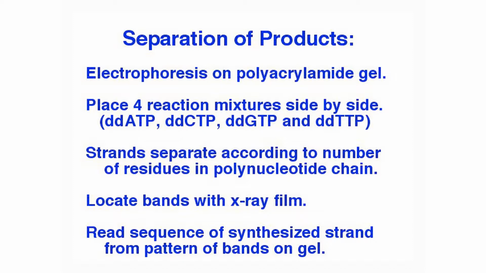So, having created a collection of 4 different dideoxy DNA termination mixtures, the next challenge is to separate and identify the places where chain termination occurs. And this can be accomplished using electrophoresis on a polyacrylamide gel, or more specifically PAGE, P-A-G-E, polyacrylamide gel electrophoresis.